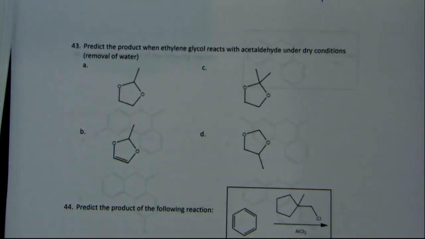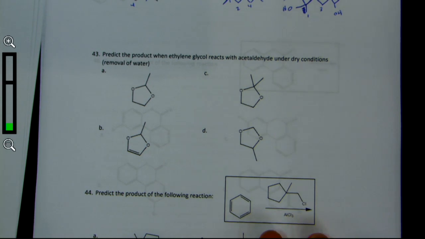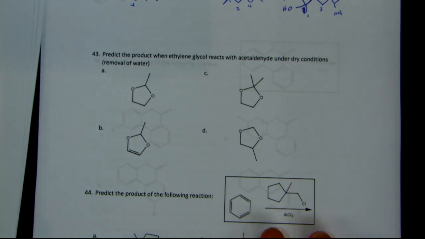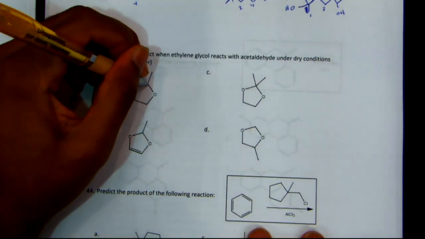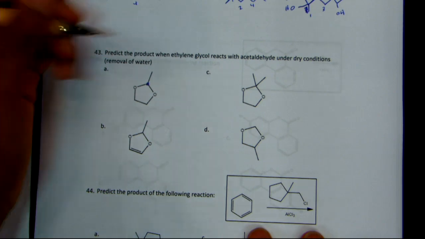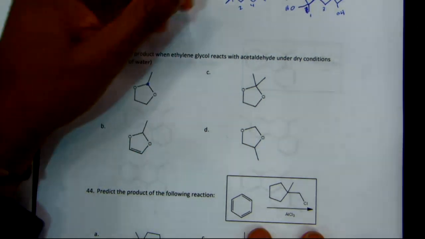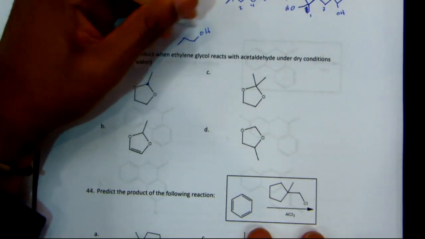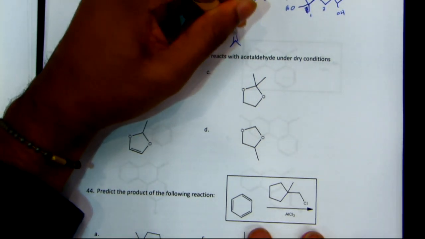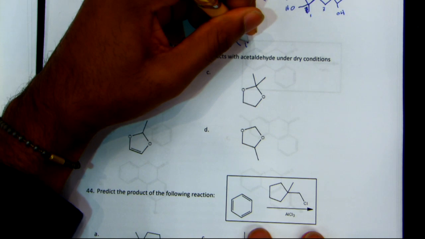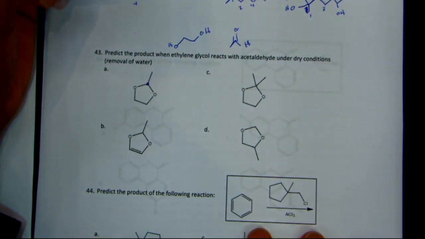Okay, so next one. This is, I think, chapter 18. Okay, so we're gonna look for our central carbon, which is right there. If you guys remember, this forms ethylene glycol, which is OH, OH, and then acetaldehyde is just this one, right?